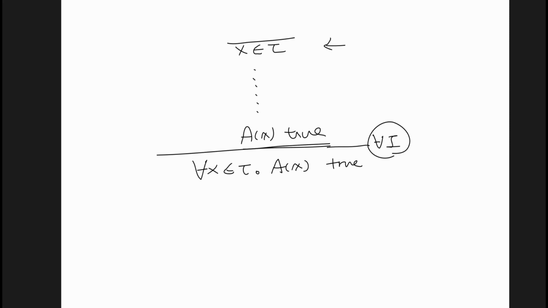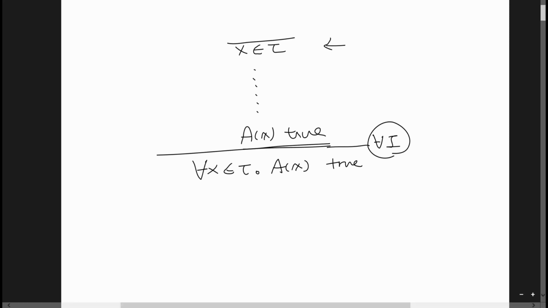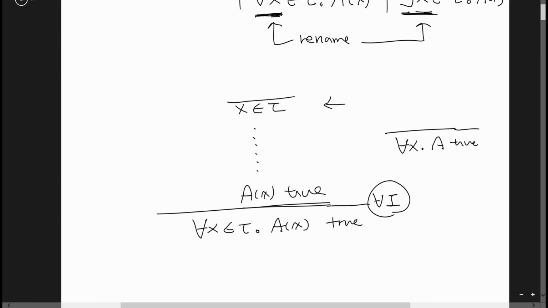So in comparison with the previous for all introduction rule, which looks like this one, for all x, A true, we introduce a term parameter. We introduce term parameter a, and then we deduce this judgment is true. So this is the previous for all introduction rule.